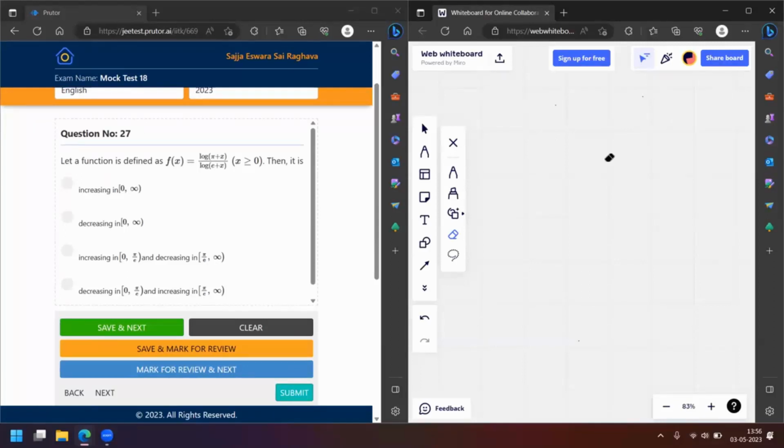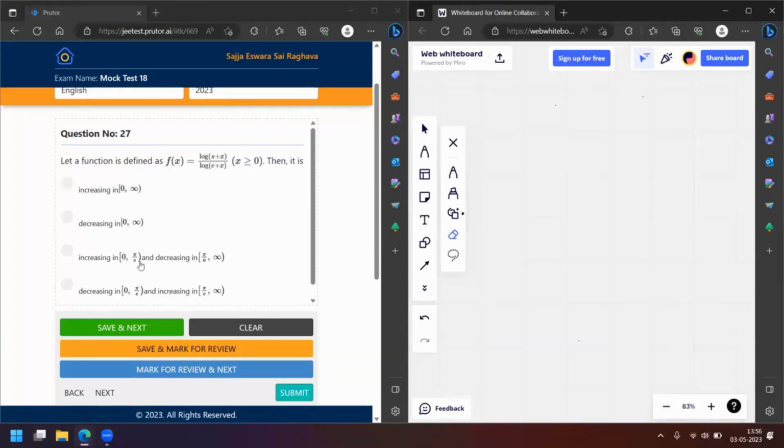So again find the value of f dash of x, and since the options are like pi by e, we can take a value which is greater than pi by e.